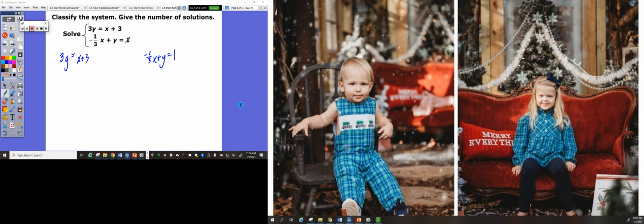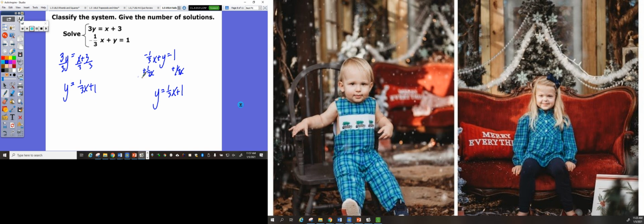Now, you can do this one of two ways. You can show it in the equation itself, where if I put both of these in slope-intercept form, if I divided everything by 3 here, then y would equal 1 over 3x plus 1. If I added the 1 over 3x here, then y equals 1 over 3x plus 1.